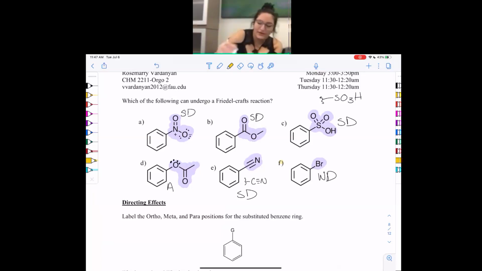F, and one more actually. And D. Yep. So both of these could undergo a Friedel-Crafts reaction because it's not NH2 and it's not a strong deactivator. Cool. I'll leave this up for a second.